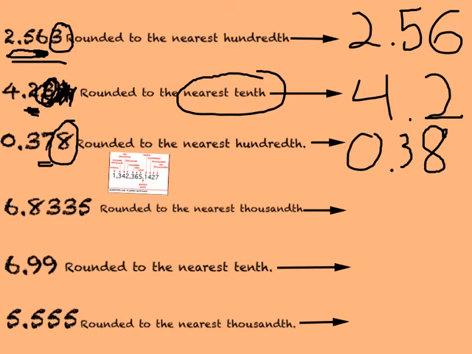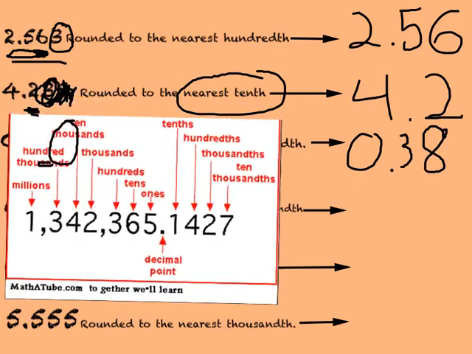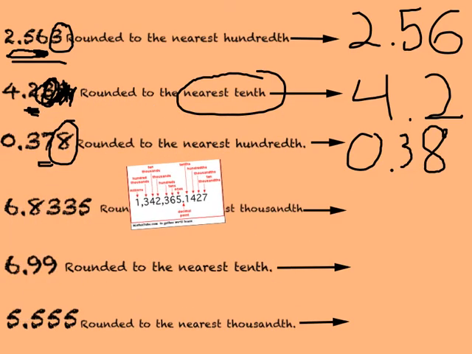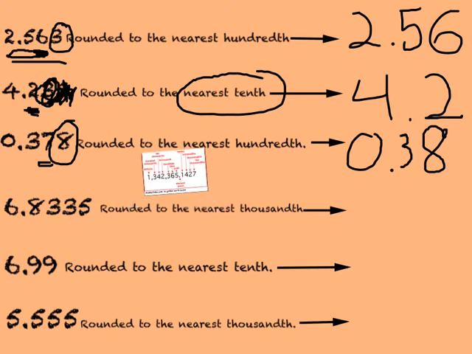6.8335 rounded to the nearest thousandth. In case I forgot which place the thousandth is, I can check. So it's right after the hundredths. So we have 3 thousandths.